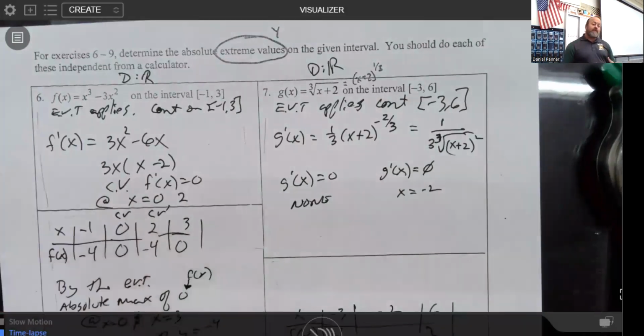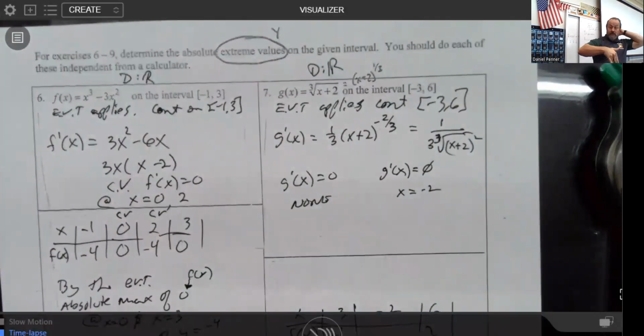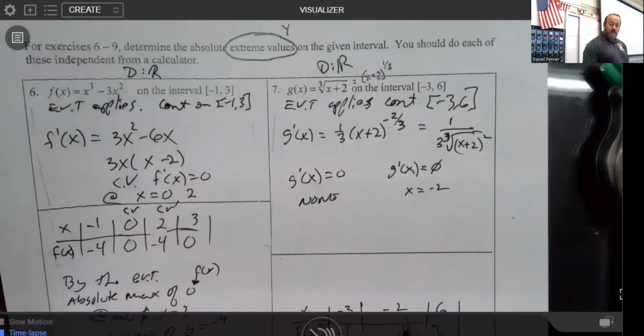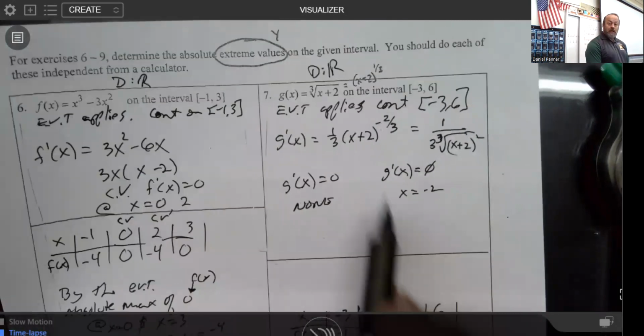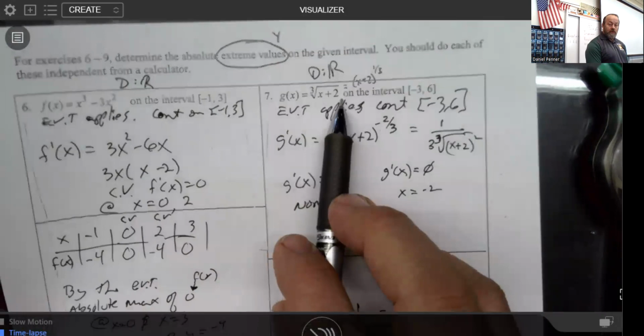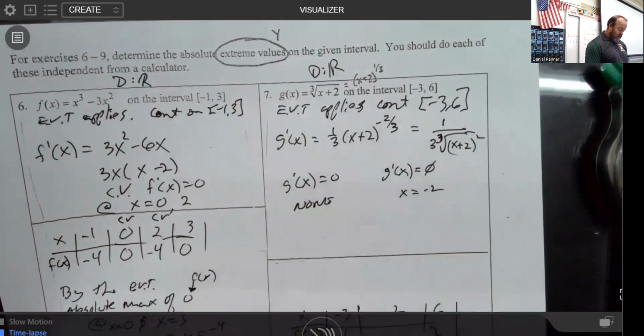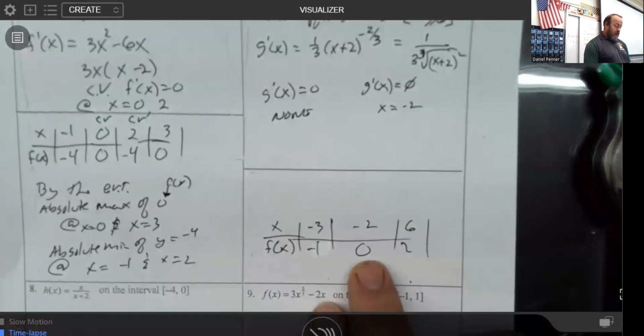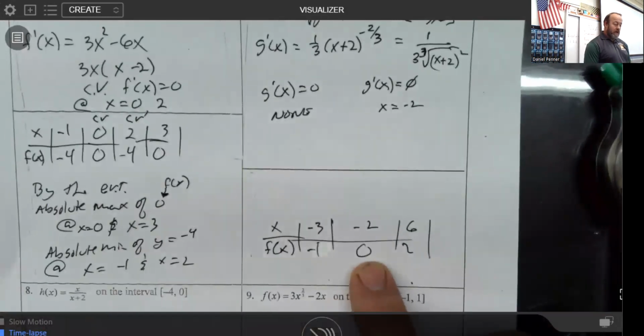Now, interestingly enough, although the derivative is undefined, the original function was great. There's nothing wrong with the original function. So if I plugged -2 into the original function, -2 plus 2 is 0, and the cube root of that is 0. So it is neither the max nor the min, it is simply some other number.